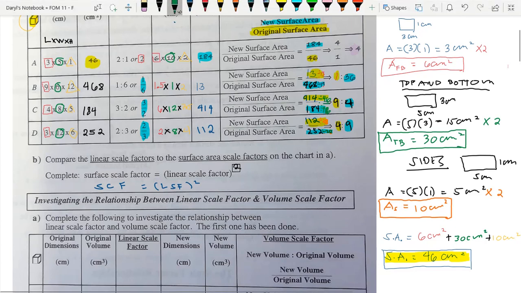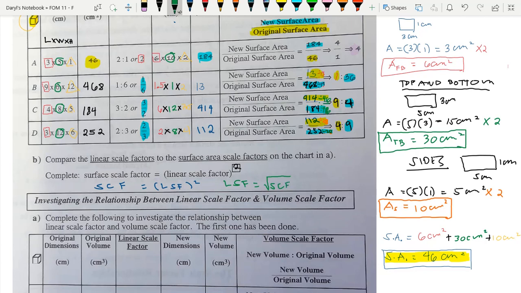So it also follows, therefore, that the linear scale factor, if you know the surface area scale factor, is just the square root of the surface area scale factor.